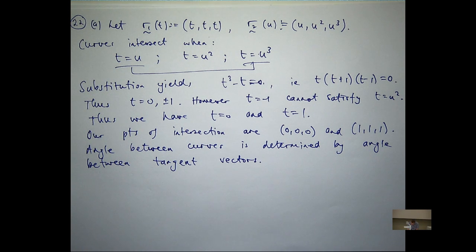Let's calculate the tangent vectors and then use the dot product involving the cosine to calculate the angle between them.